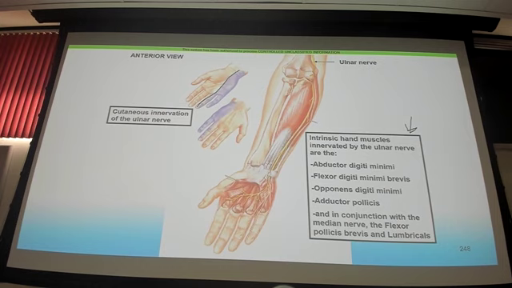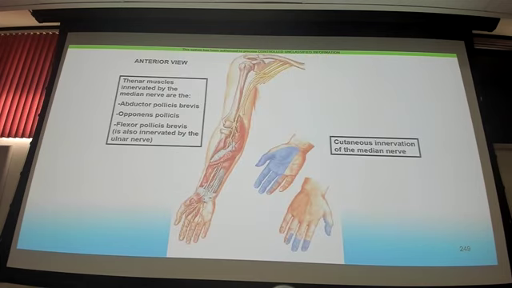This slide for me is a depiction of the ulnar nerve's motor and sensory innervations, all in one. I like to see it that way. If not, delete the box off of there if you don't like that. Same thing over here with the median nerve. There's your median nerve distribution and muscles that go along with this. It's motor innervation.